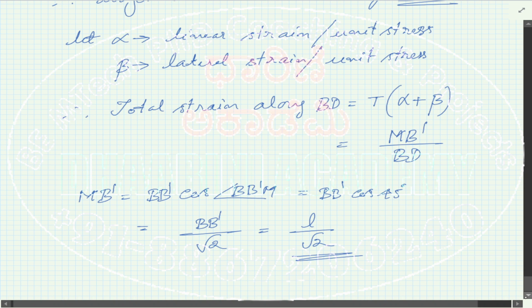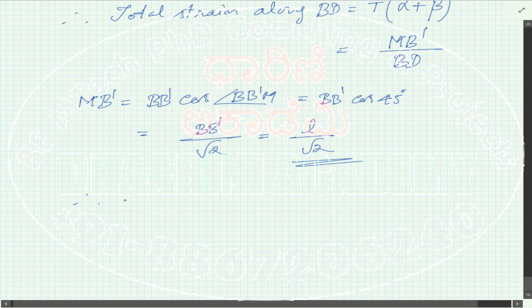Now let us calculate. Therefore, the term T into alpha plus beta, which we had left earlier, is equal to MB dash, which we just now calculated as L by root 2, whole divided by BD. What is BD? BD is L root 2, correct?